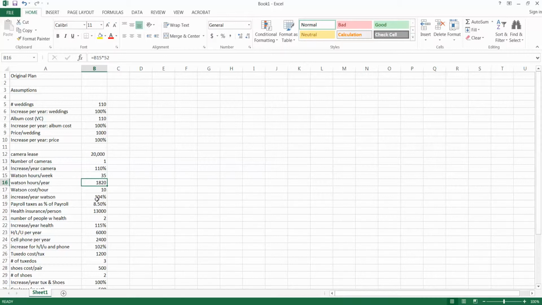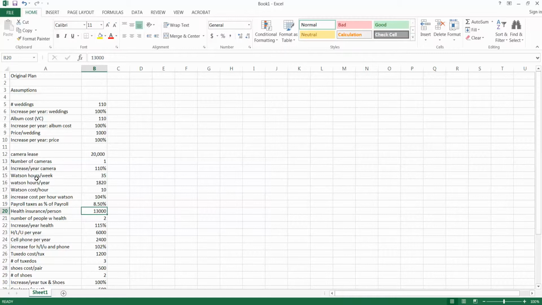Then I put in the cost per hour and the increase in cost per hour for Watson, and that's 104%. My payroll taxes, as a percentage of payroll, I entered.